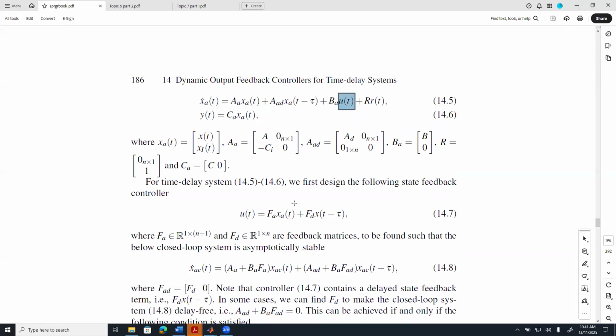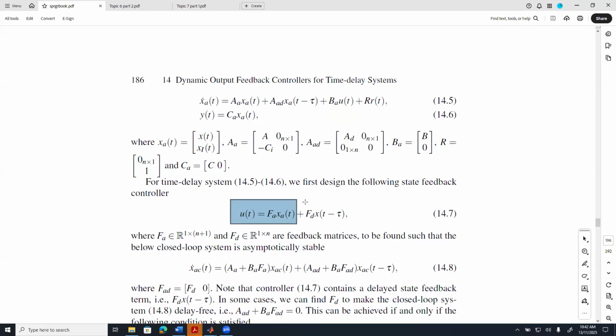And so what happened in here is we define a control law of this particular form. Now, have a look at this particular control law. It is actually more general than what we normally find in the literature. When we want to stabilize a time delay system using state feedback, normally we have this kind of state feedback control law.